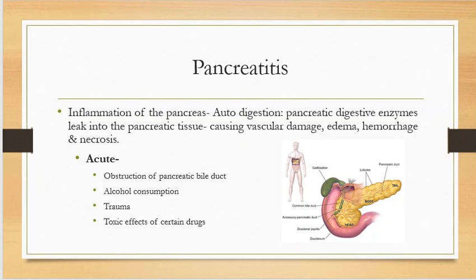So it's important that we understand what pancreatitis is, the pathophysiology, the cause, and of course our diagnostics and our medical management, and then our very important nursing interventions. So, all right, let's get started on pancreatitis.